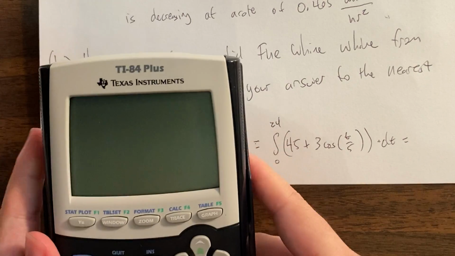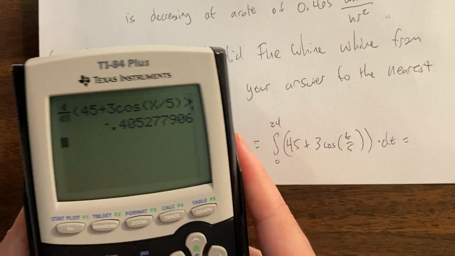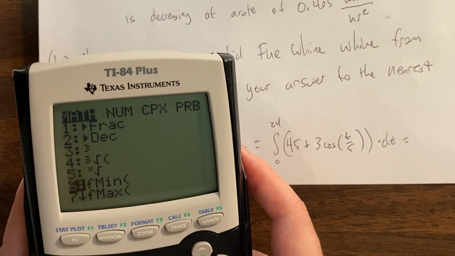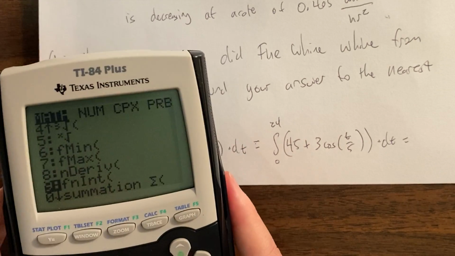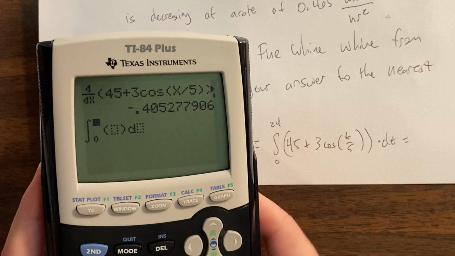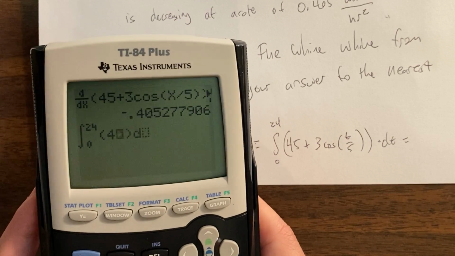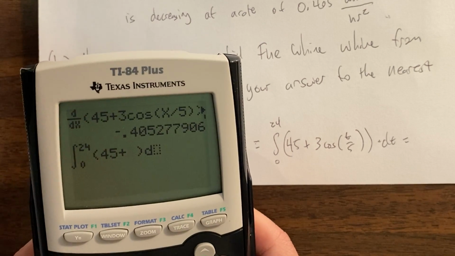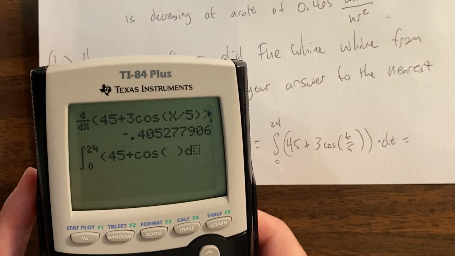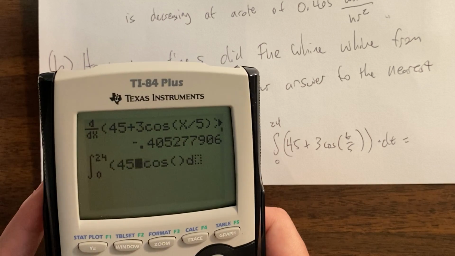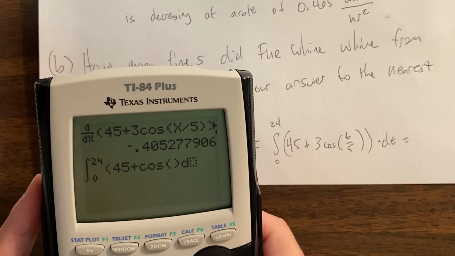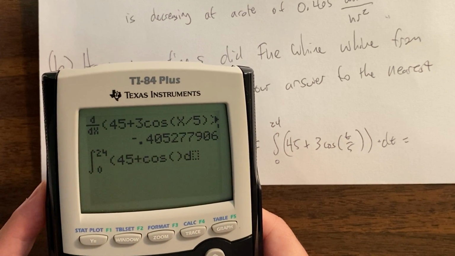So let's just type this in real quick. So what we're going to do is go to math, then go to integral, then 0, 24, and then we're going to type in this function, of course. So it's going to be 45 plus cosine. You can use t's and x's again if you're consistent, as long as you choose the same for your variable of integration.